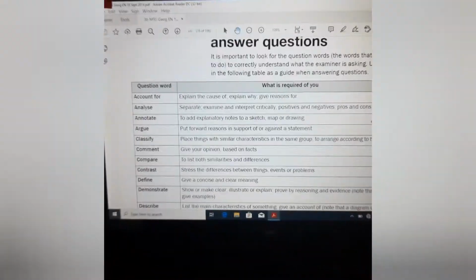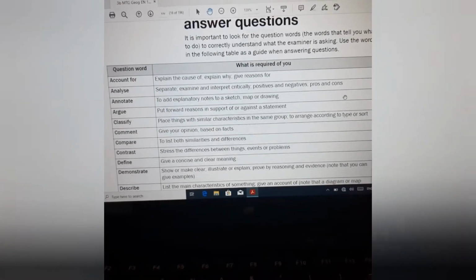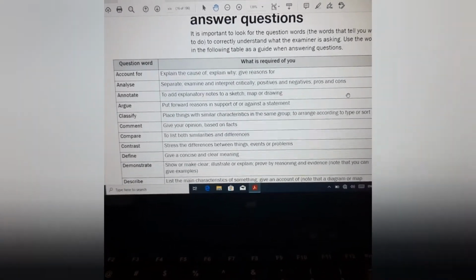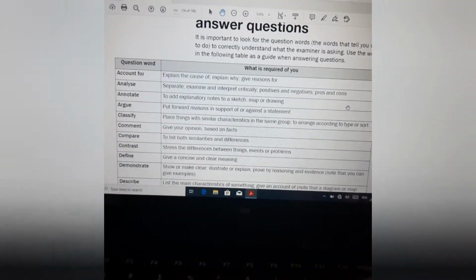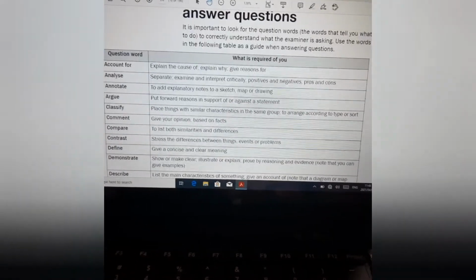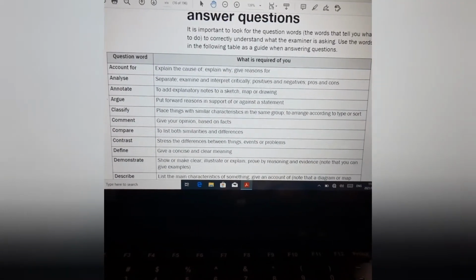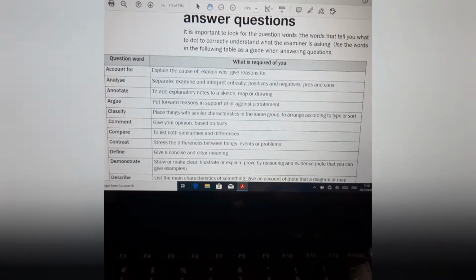Paper 1 is mostly theory, but you get a couple of drawings. Paper 2 is map work. So when you're asked to define, make sure that you're able to define what you're being asked for. You give a concise and a clear meaning of the word.